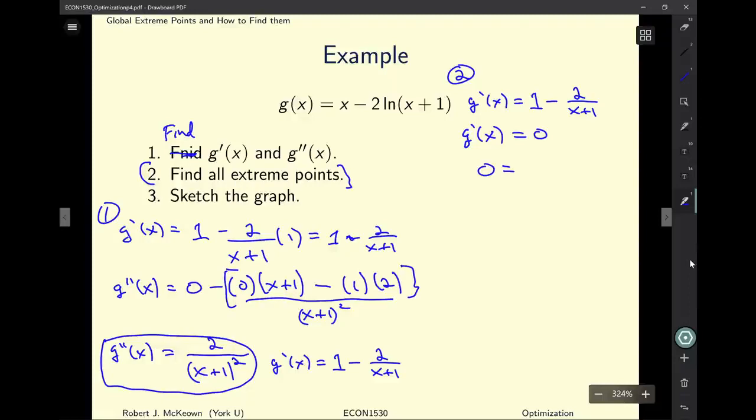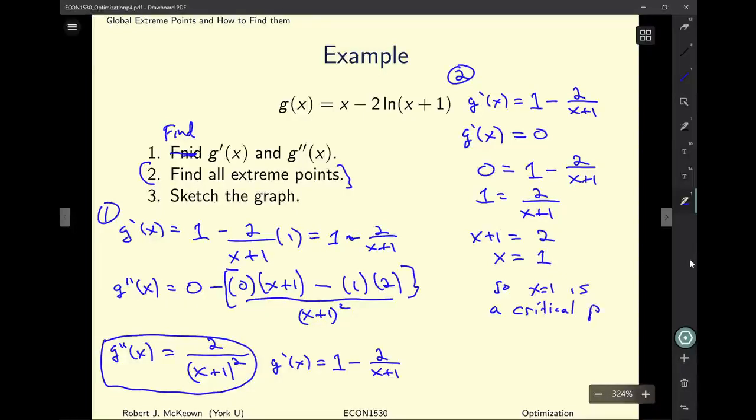And so we get 0 is equal to 1 minus 2 over x plus 1. 1 is equal to, oops, that should be positive, 2 over x plus 1. That gives us x plus 1 is equal to 2, and x is going to be equal to 1. So x equals 1 is a critical point for f on the interval.